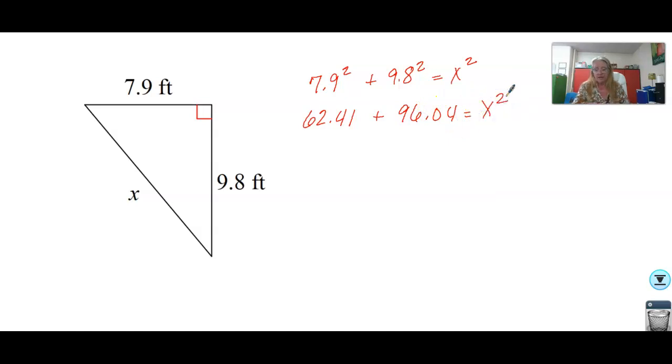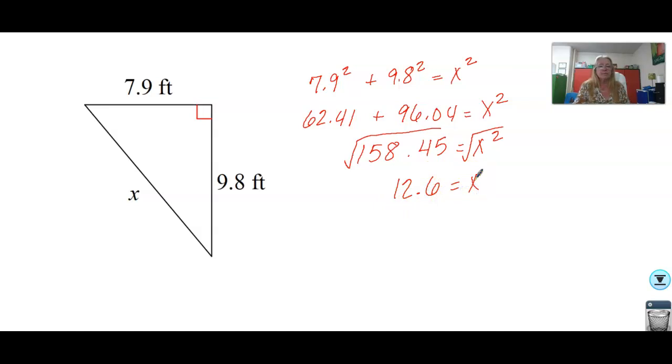Okay, we're going to add those together, 62.41, and I get 158.45 equals x squared. And our last step, square root 158.45, and that is 12.58. So that would be 12.6.